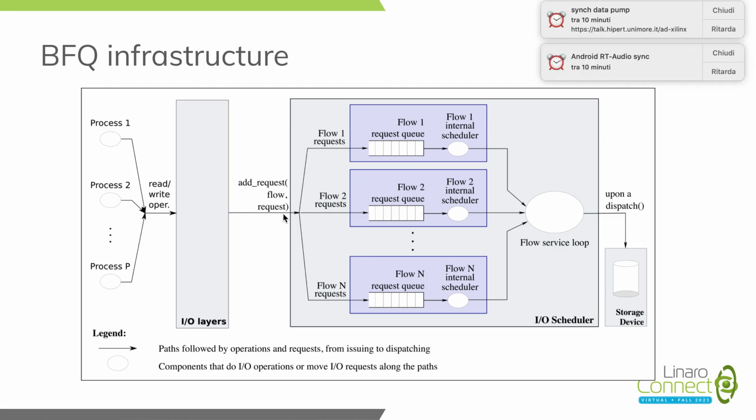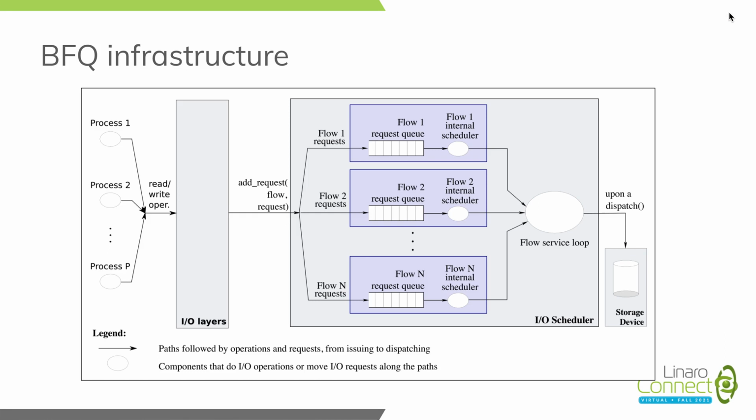This flow service loop basically decides the order in which to serve flows. So it's not like serving flows in a predefined order, but there is a scheduling logic that decides the order in which to serve these flows. The typical association between flows and processes is that BFQ creates one flow for each process.